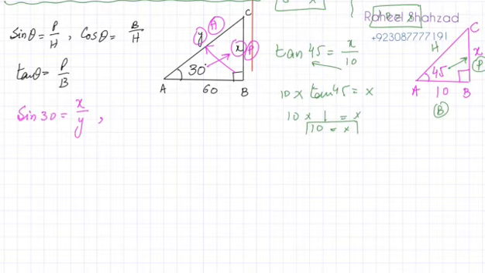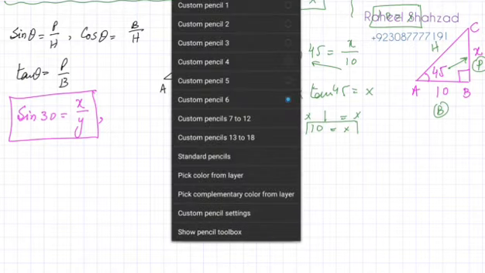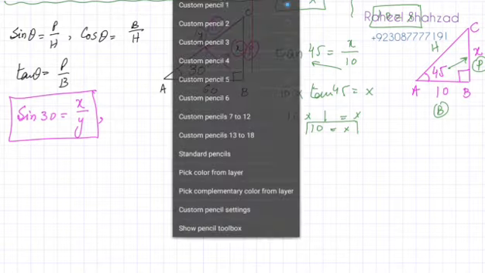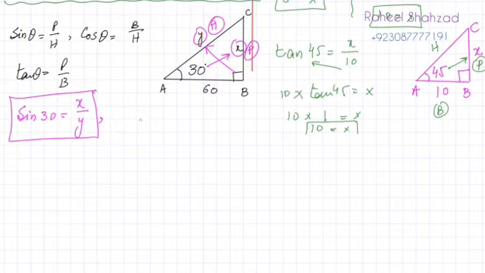But right now we don't have the value of x or y, so we cannot find either. Let's use tan first, tan of 30 equal to x divided by 60.